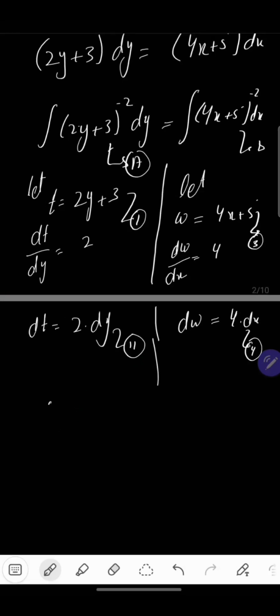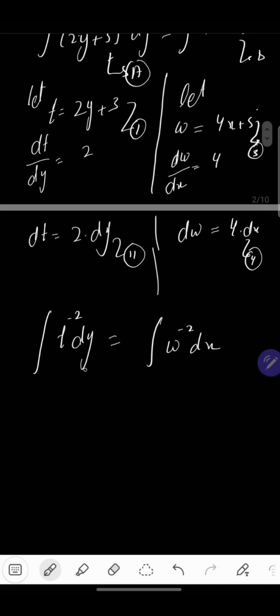We will replace 2y plus 3 by t from equation 1, so we get the integral of t to the power minus 2 dy. On the right side, we replace 4x plus 5 by w from equation 3, so we get w to the power minus 2 dx.